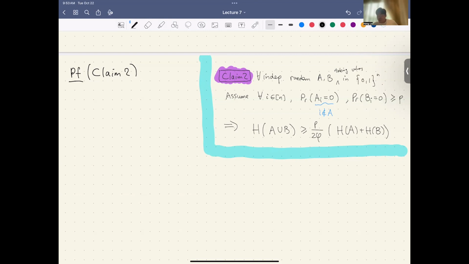So in claim 2, we have two independent random binary strings of length n. We don't know their distribution. We just know that there's no popular element, right? For any element, the probability that A_i equals 0 is at least p.